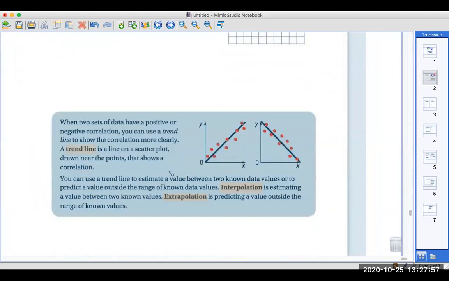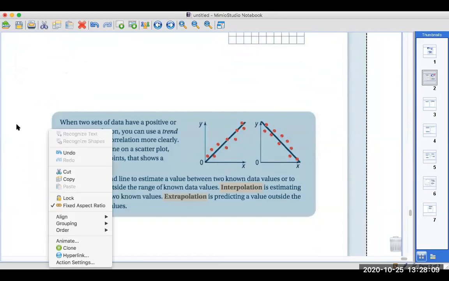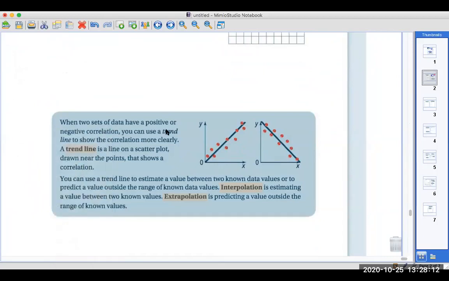Now on the bottom of the page, you have trend line. When two sets of data have a positive or negative correlation, you can use a trend line to show, let's underline all this. When I underline, that's the stuff I want you to study when you study for a test or quiz or reread your notes, right? When two data sets have a positive or a negative correlation, you can use a trend line to show the correlation more clearly.